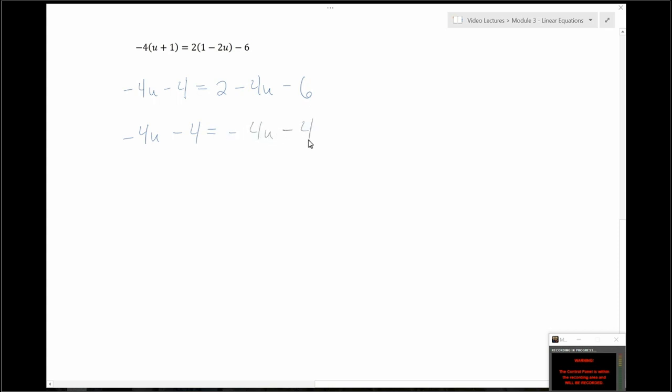Well, you'll see the left and the right is exactly the same. I could keep going, sure. But this is always true. It doesn't matter what I plug in, it's always true. Which means that everything is a solution, or the solutions are all real numbers.